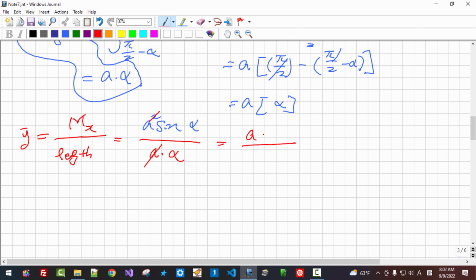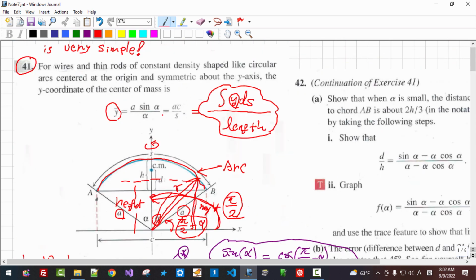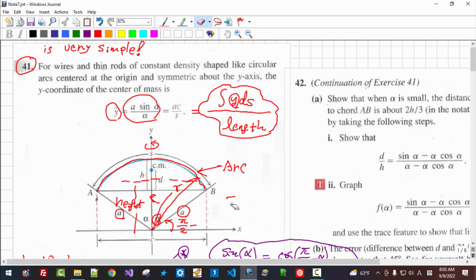We have a sine alpha over alpha. We have this result, y bar. If we scroll up, this is what we want. I will delete a little bit.